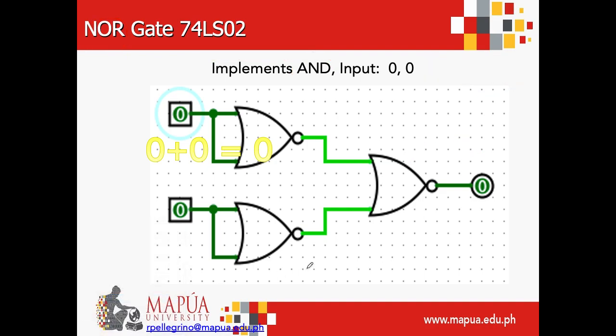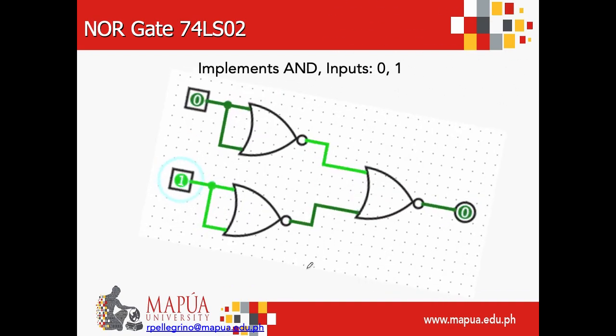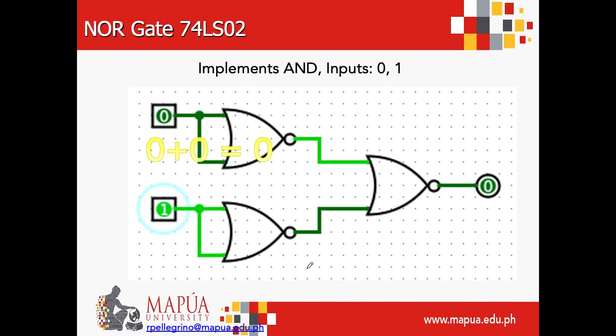Let me just clear my pen. So we have here 0 or 0, that is 0. The complement of 0 is 1. So we have here 1 or 1 is 1, but the complement is 0. So implements AND with the inputs 0, 1. We have here 0 or 0 gives 0, and then complementing that gives 1.